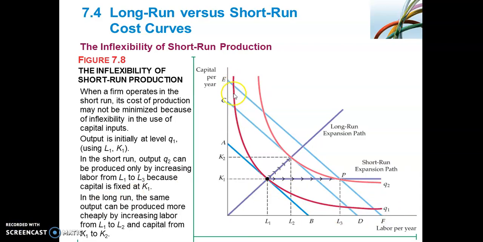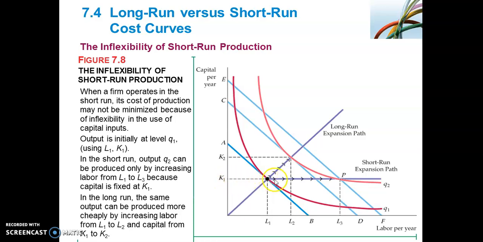Now, if you wanted to expand output from Q1 to Q2, in the short run, that could only occur as a result of your labor input increasing. So that would increase from L1 to L3, because remember, capital is fixed at K1 in the short run.